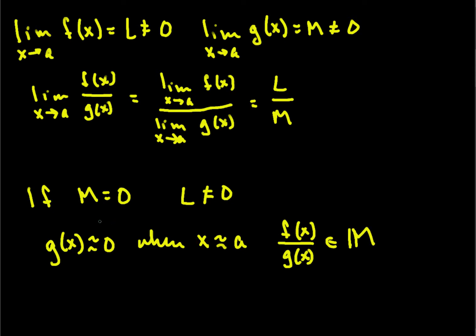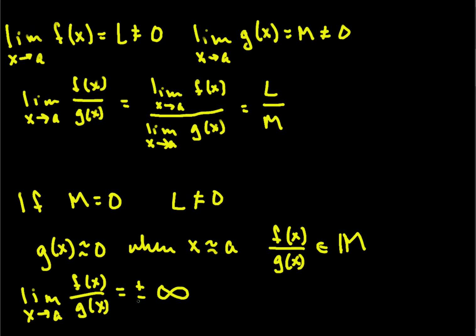Because we're taking a finite number, L, so it's not infinitesimal, and dividing by an infinitesimal number, g, so it's going to be an infinite number. And so we would know that the limit as x approaches a of f of x over g of x is going to be either plus or minus infinity, and we'd have to go through the exercises from the previous section to determine which sign it is. Is it positive or negative?